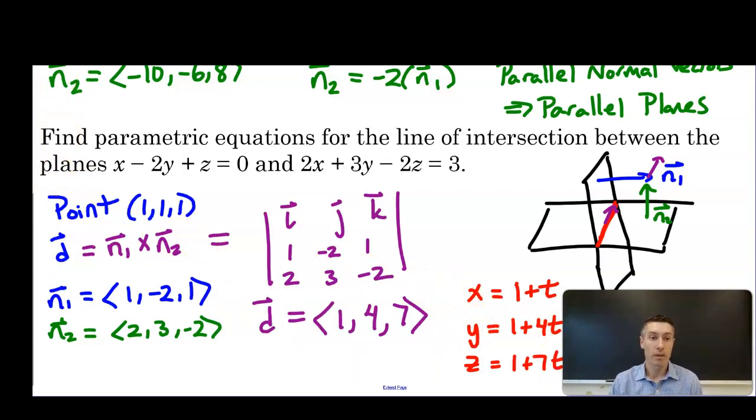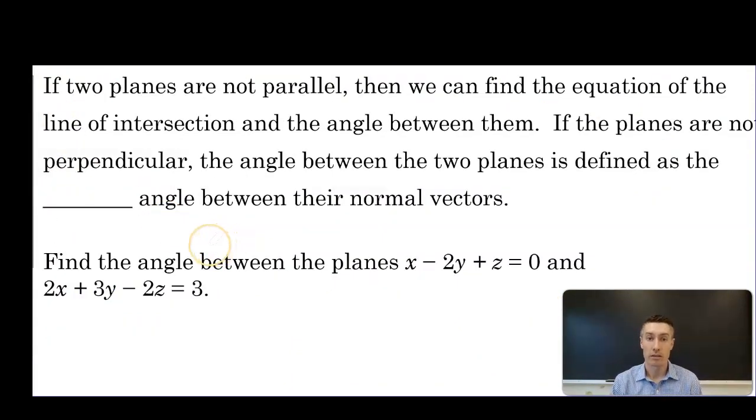Now the last thing we have to define is the angle between two vectors. So not vectors, two planes. So if two planes are not parallel, then we can find the equation of the line of intersection, like we just did, and the angle between them. If the planes are not perpendicular, I know it got cut off there, so that's the word not perpendicular, the angle between the two planes is defined as the acute angle between their normal vectors.